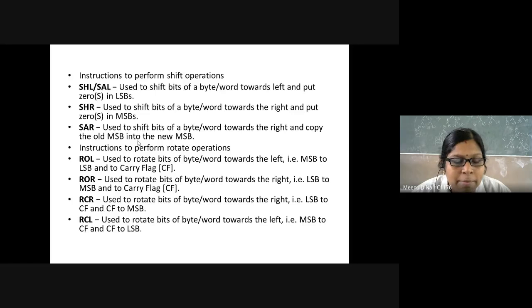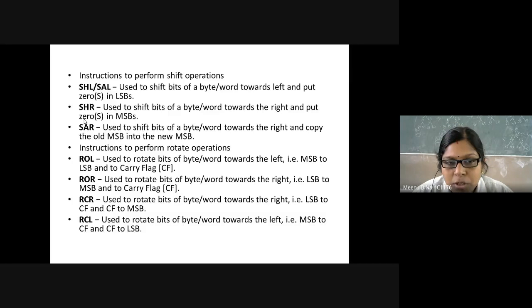Now, the SAR command is used to shift the byte towards the right and copy the old MSB into the new MSB. So SAR command means it is moving right only. What is happening in the MSB? D7 is moving to D6, but D7 will also carry the same value. Suppose D7 is having 0.